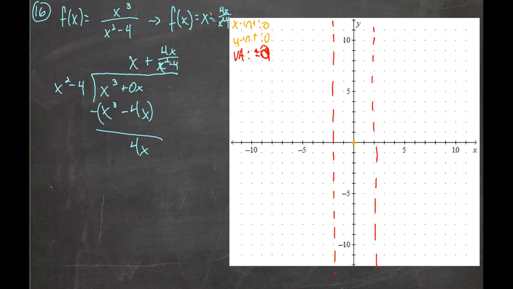Sorry for writing it so tiny, but you can see how if x is 1,000,000, we're going to get 1,000,000 here, and then this is going to be so tiny that we're going to have 1,000,000 plus this tiny little thing. It's not going to be very much. That's the same conclusion we came to over here. So as x gets bigger and bigger, this function is going to act more and more like a line with a slope of 1 that goes through the origin.